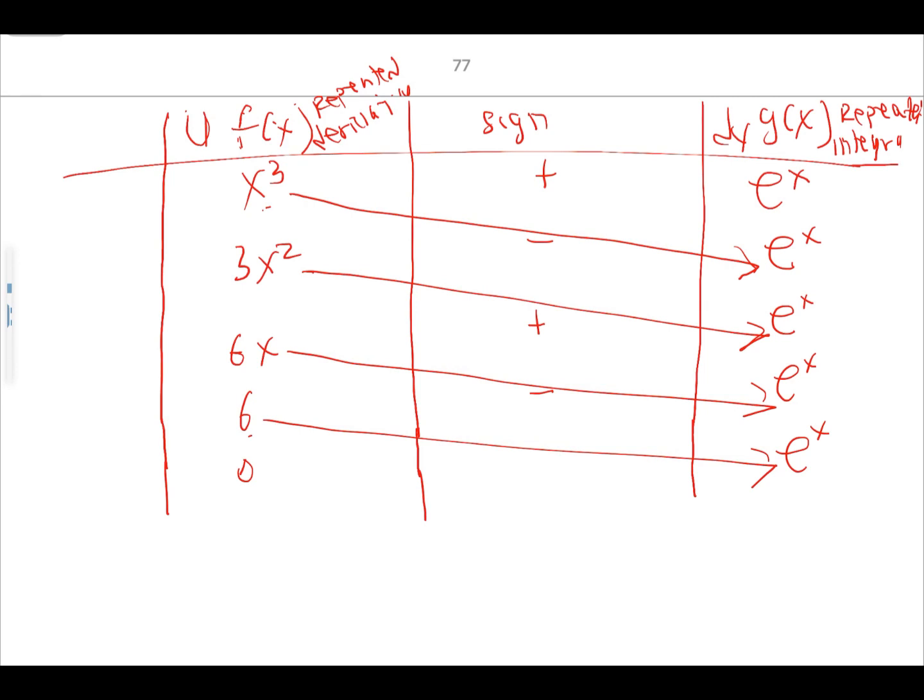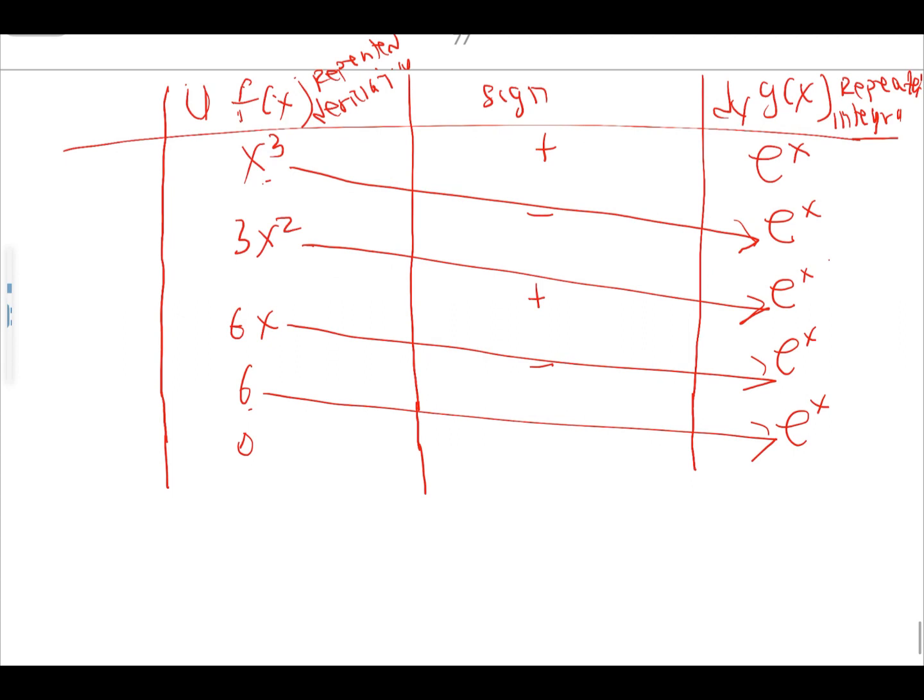And at the end of the day, this means that we are multiplying the first one of the u by the second one of the dv, the integral of the dv. So we are going to get x power 3 multiplied by x exponent x. And don't forget that the first one has a positive sign.